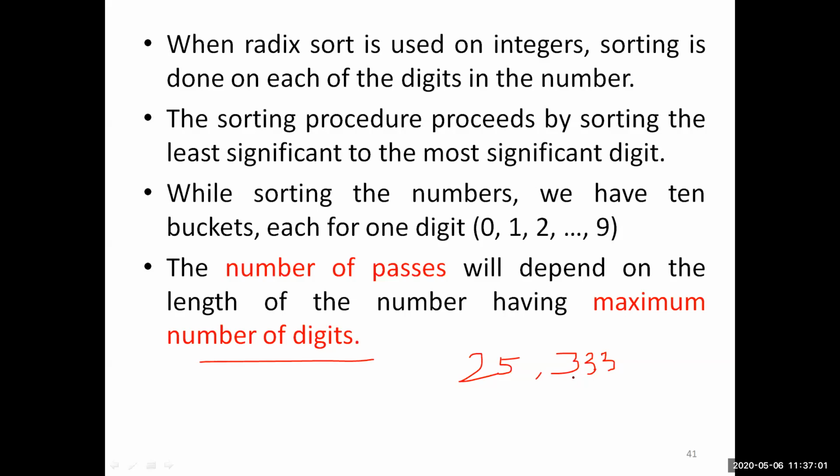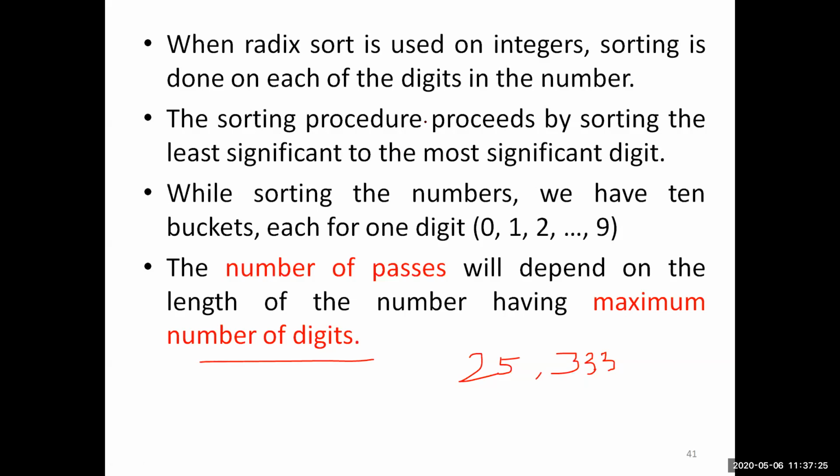Why? Because I will find the largest number in the given array, and then I come to know how many digits there are in that largest number. That decides the number of passes required to sort this array using radix sort.